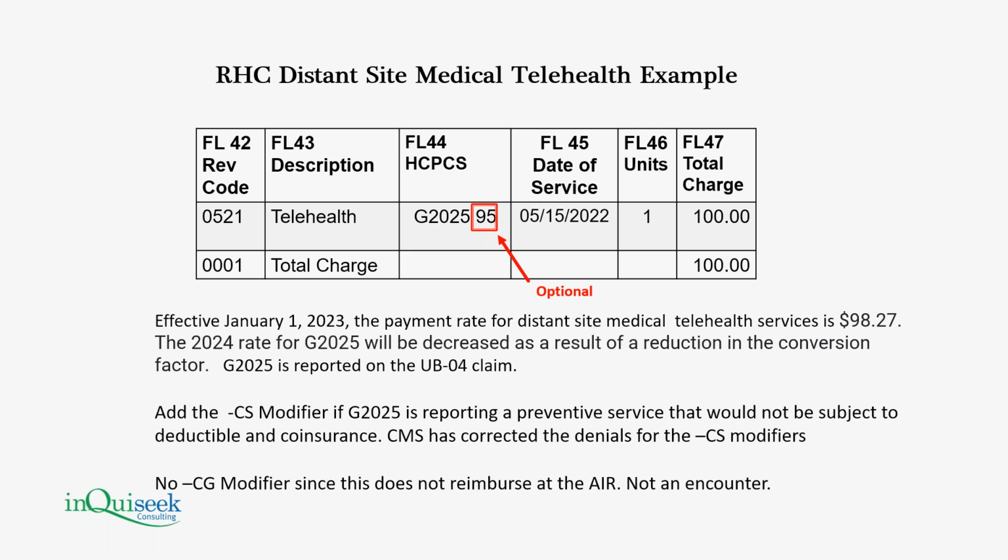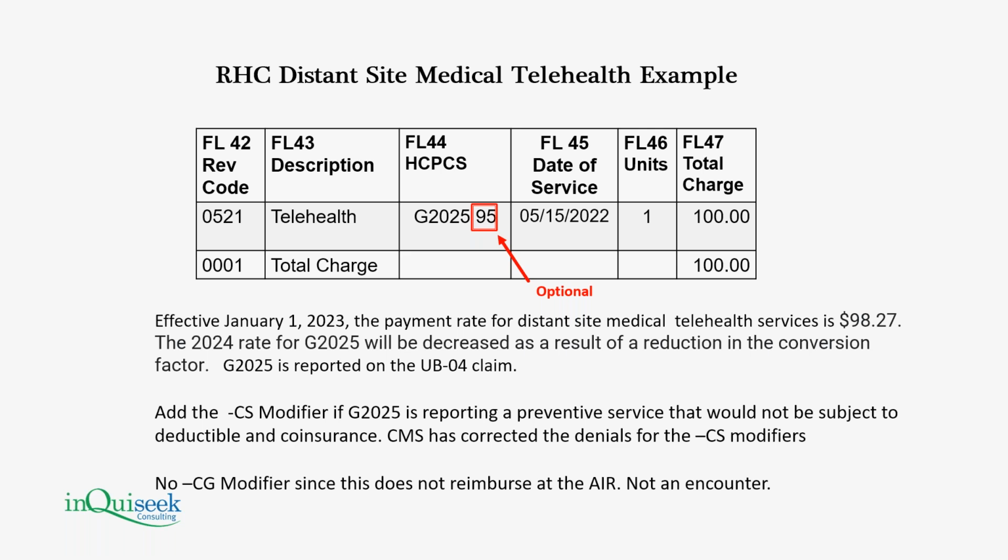So distant site means our provider's at the clinic and the patient is somewhere else. Now, the provider can be at home or somewhere else, still under some flexibilities, but the patient is somewhere else in most cases.